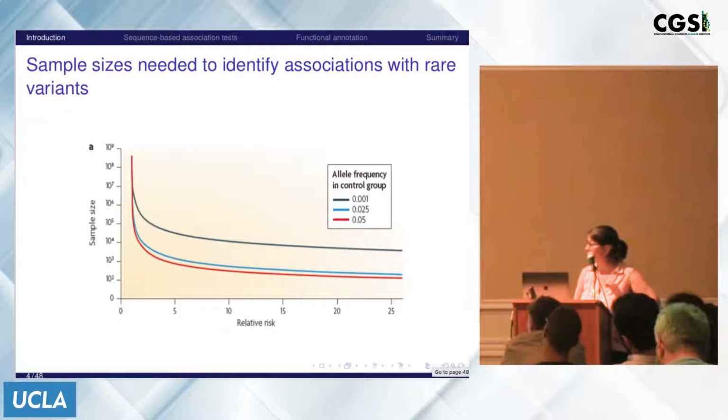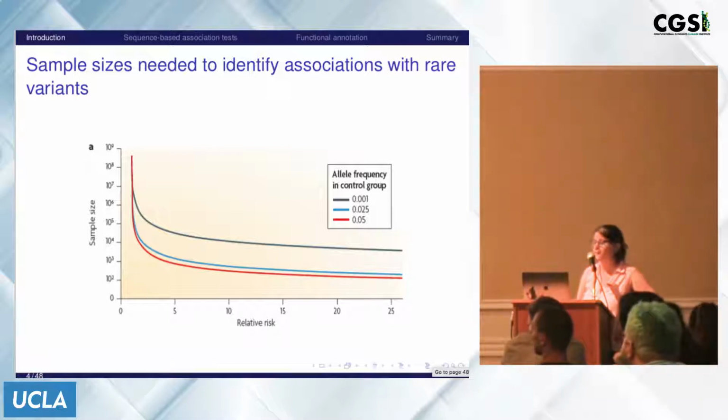If we look at the black curve, which corresponds to a variant with frequency 1 in 1,000 in the population, if we assume modest effect sizes for these variants, which is probably the case, then we need upwards of hundreds of thousands of samples to be able to identify association with such variants. So obviously, we need to think about better ways to deal with this type of data.